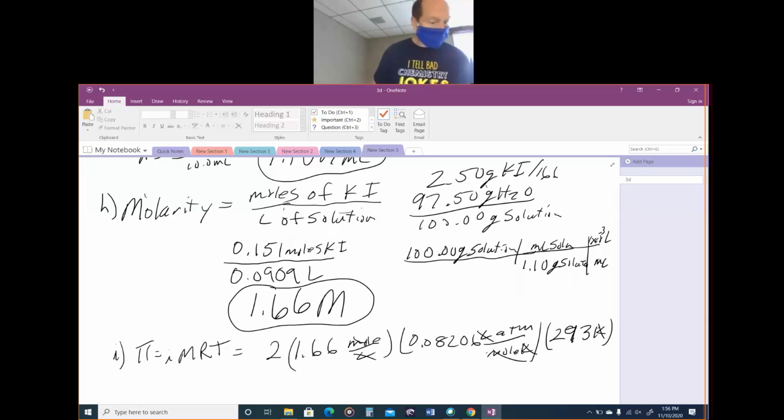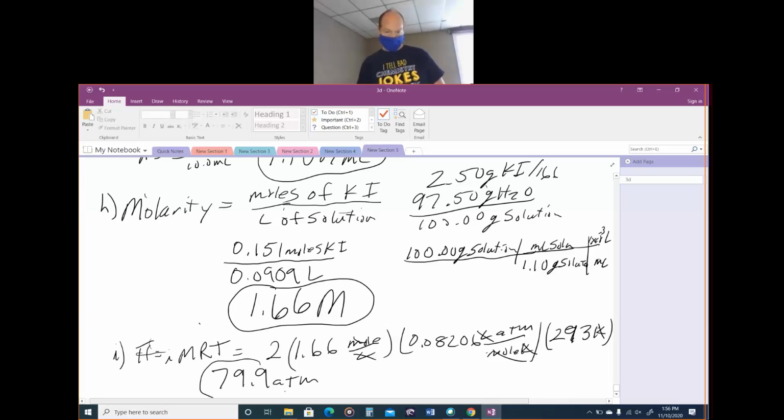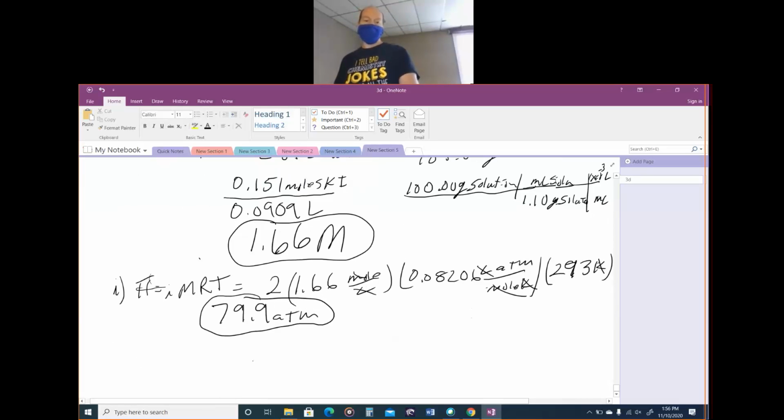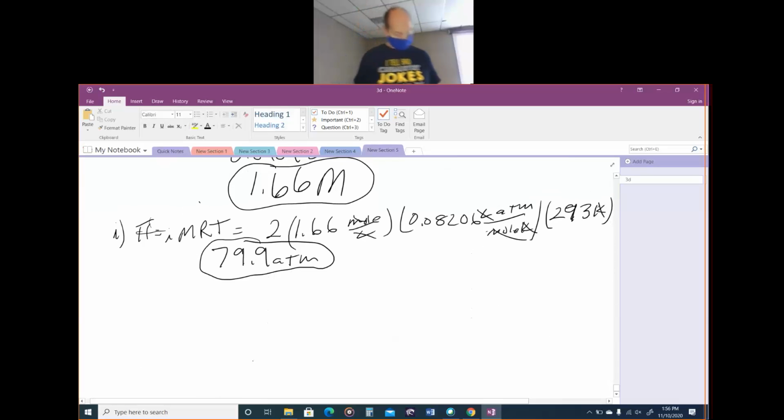And that is 79.9 atmospheres. That is the osmotic pressure of this solution.